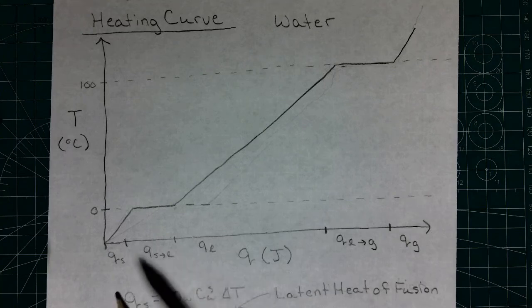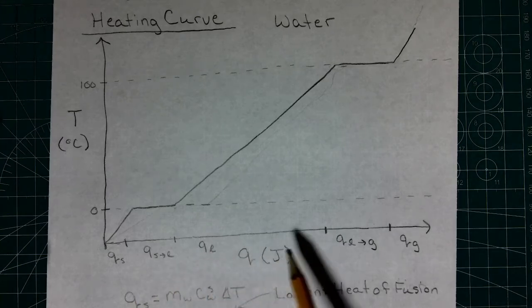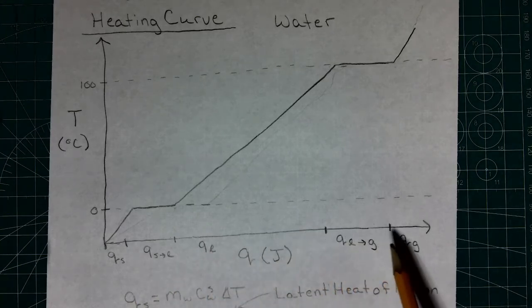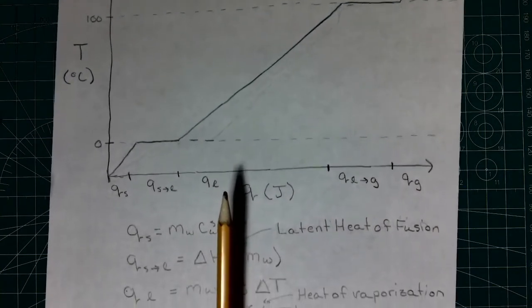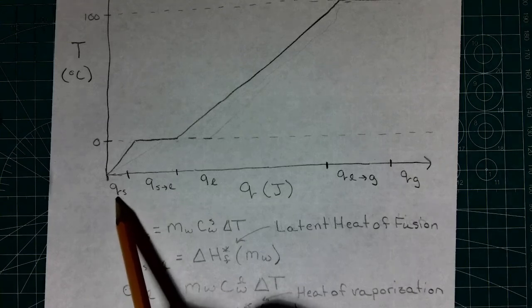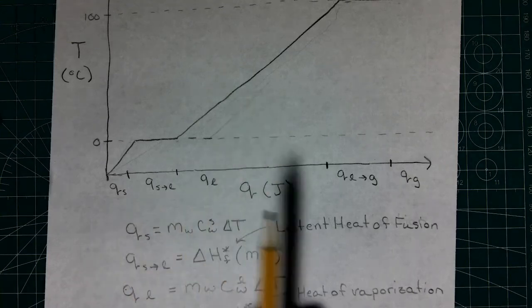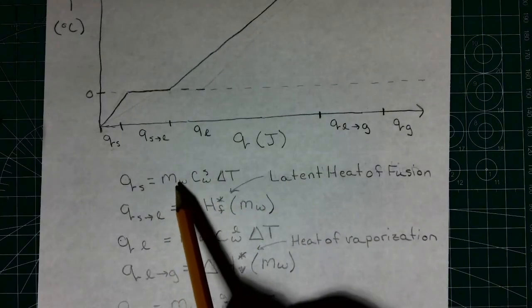So, there are different amounts of heat that are applied along this whole heating curve that I have bracketed out here. The first one is the heat that was required to heat the ice. And we can see that this is the equation we've been using so far.